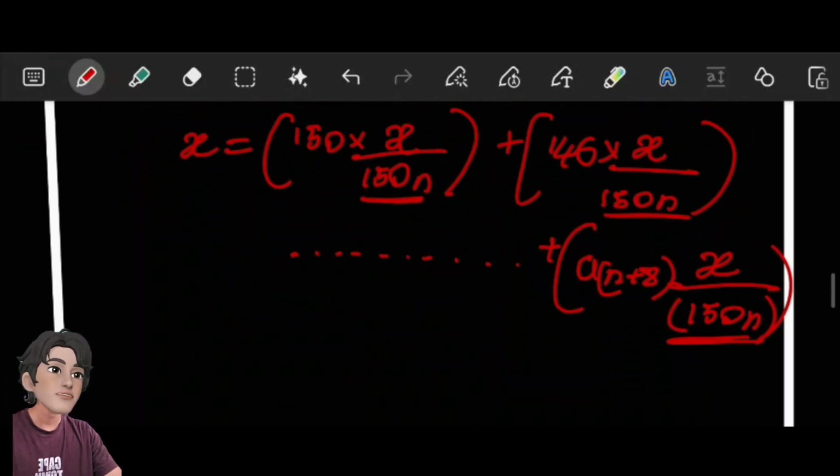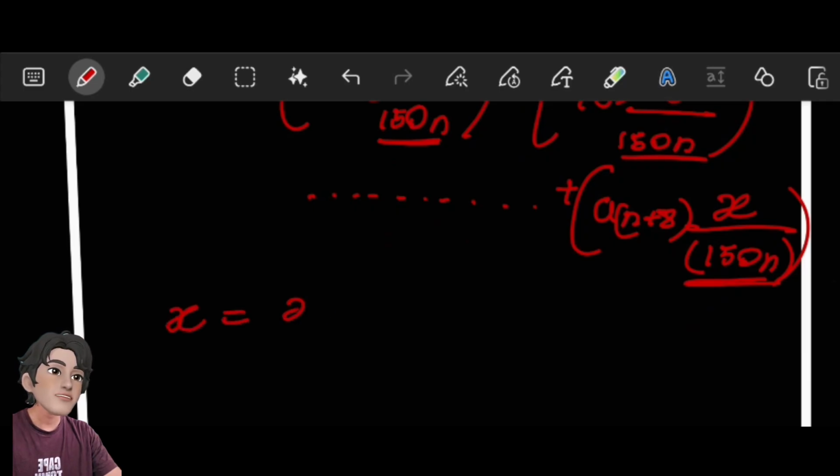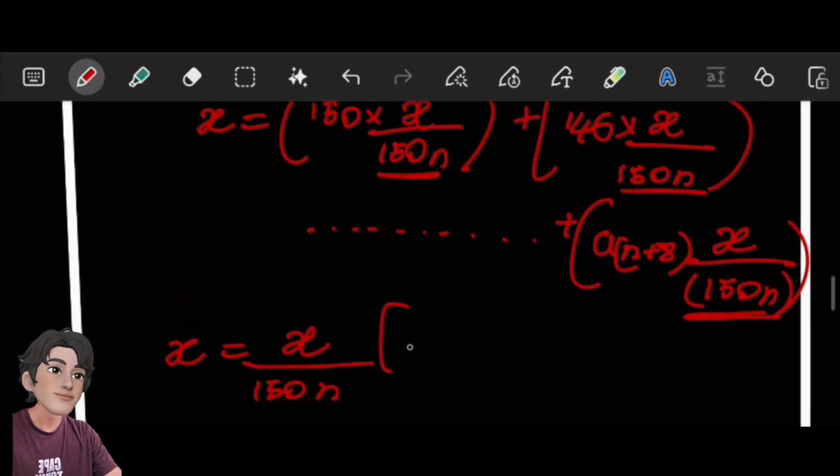Now we know that this constant value is there in everything, so let's take this common. We are getting 150 plus 146 plus so on until the n plus 8th term.